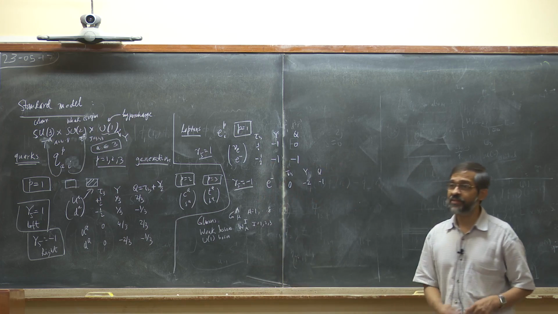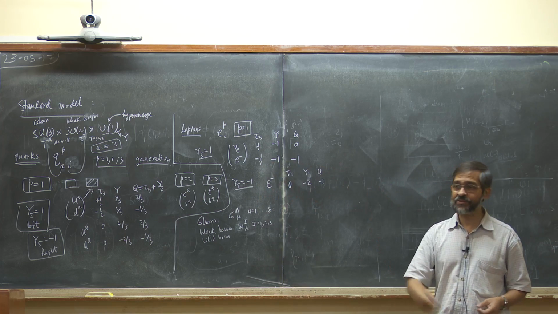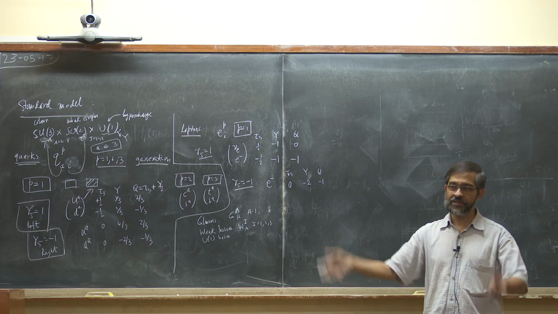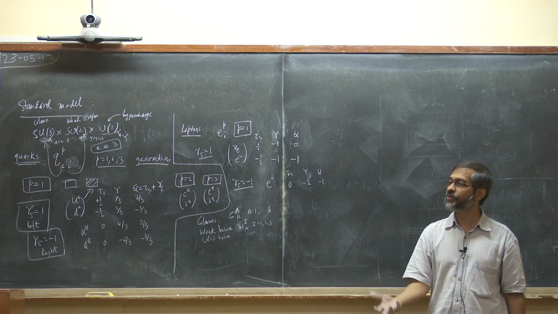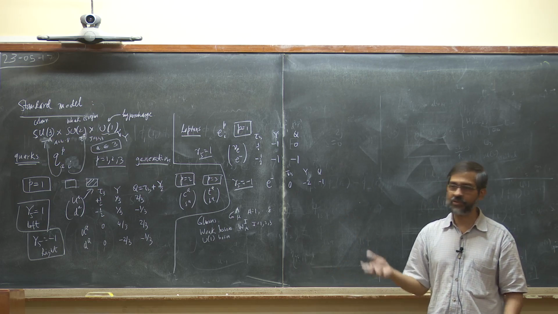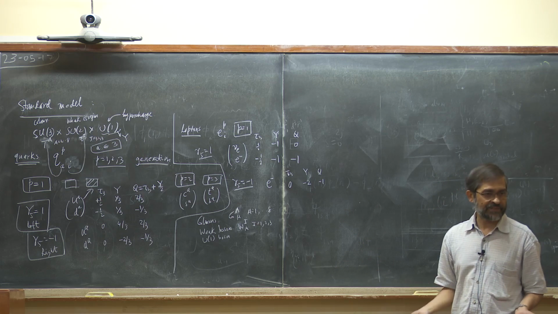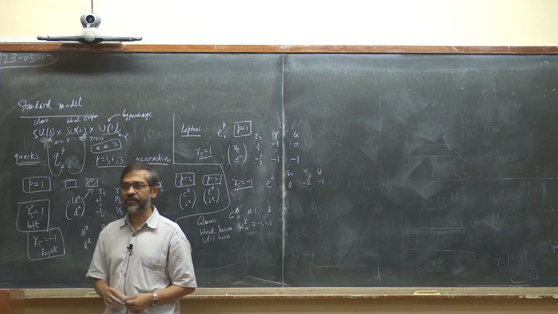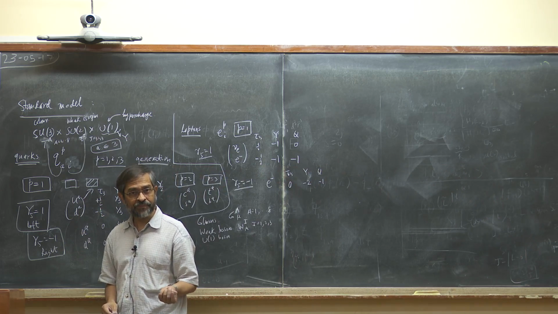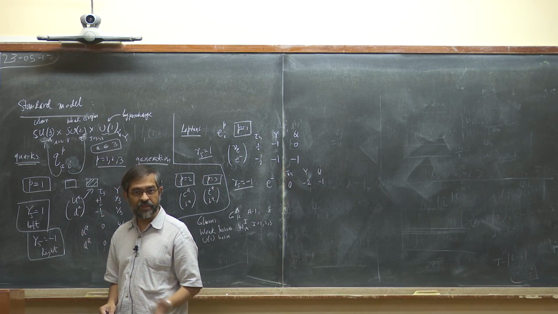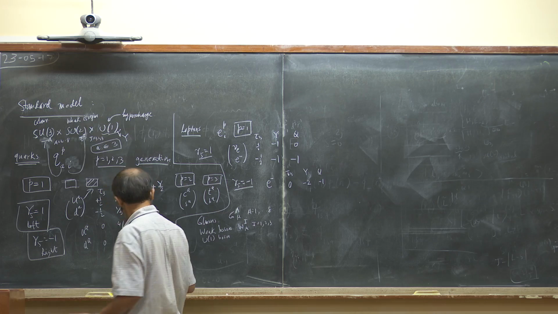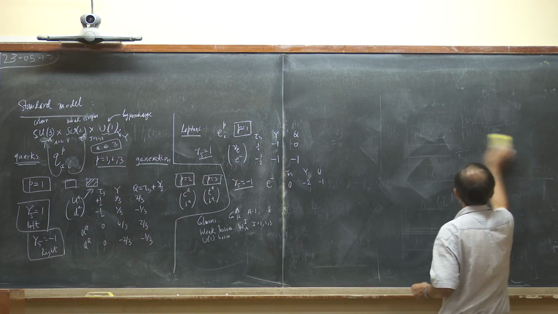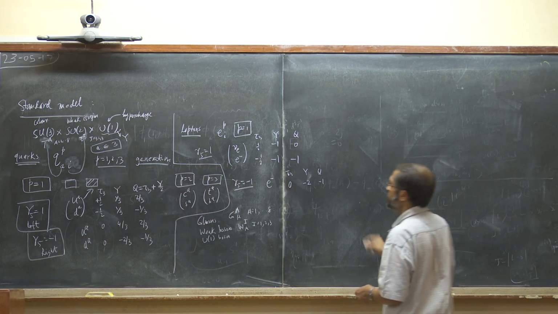Then you turn on the Higgs potentials, the Higgses get vacuum expectation values, and because of some Yukawa couplings, you pick up masses. Those masses are such that the U and D have masses which are very close to each other. They are also small, but very close to each other. So there is a flavor SU2 symmetry.